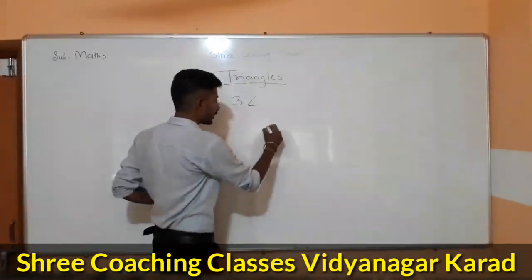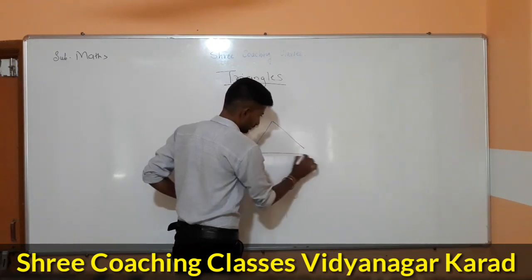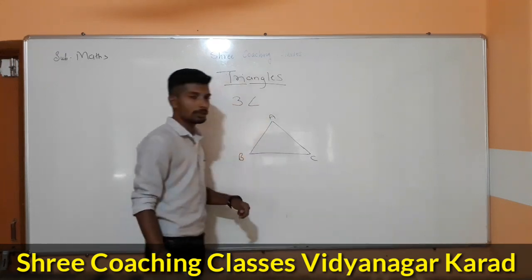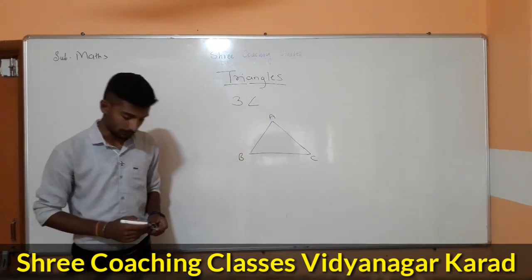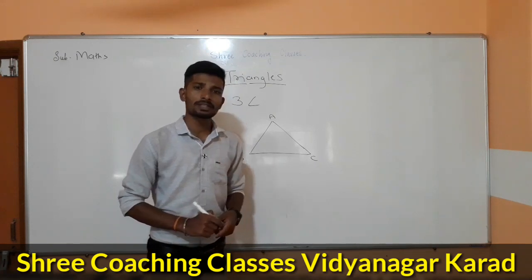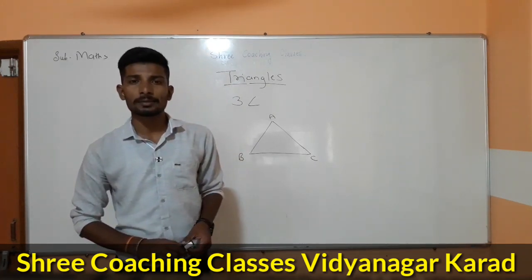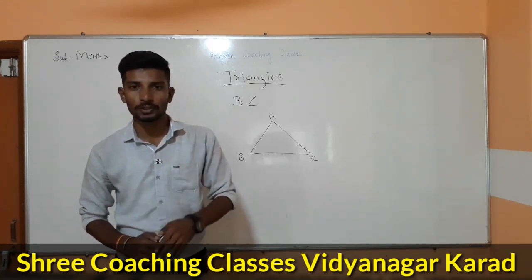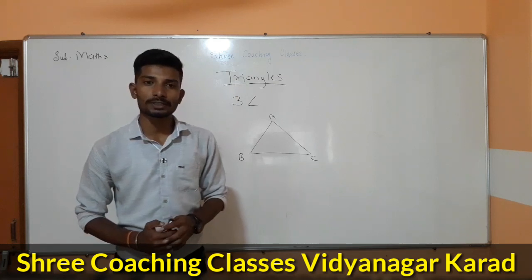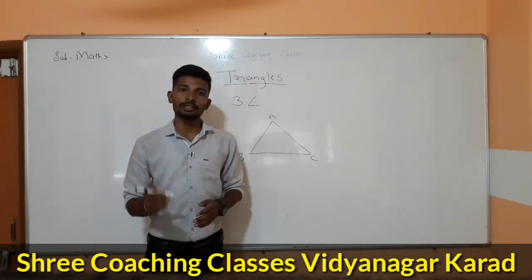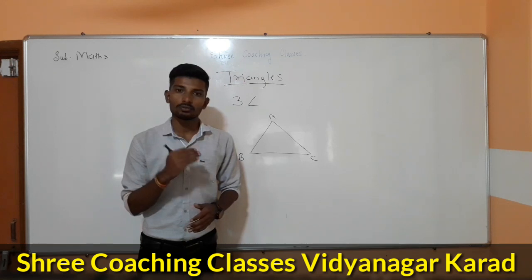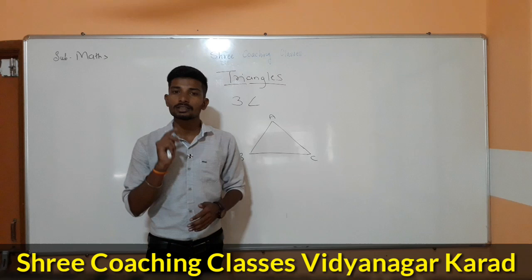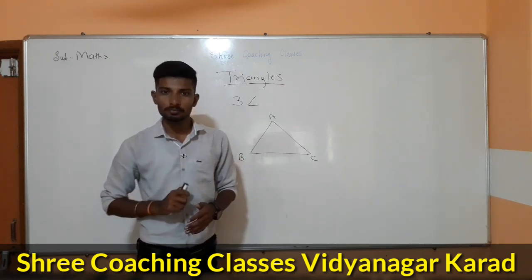The basic figure here we can see is a triangle, with vertices A, B and C. As we saw in the basic concepts in geometry, there are collinear and non-collinear points. The points which lie on one line are called collinear points, and the points which do not lie on one line are called non-collinear points.